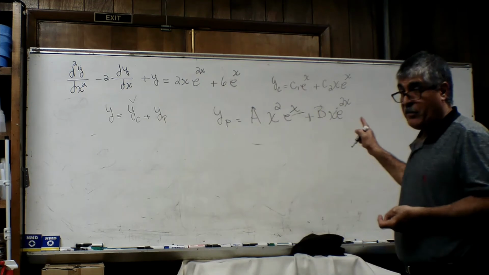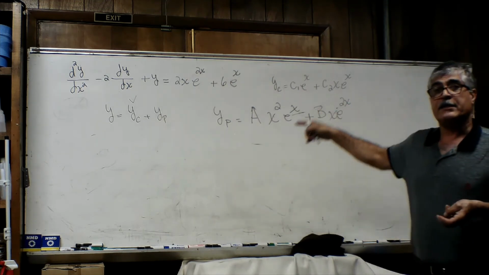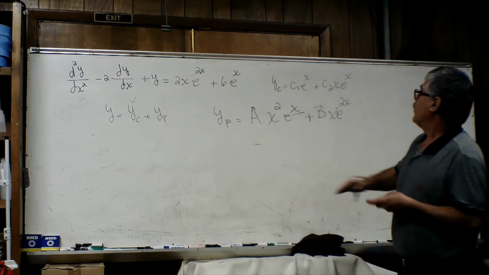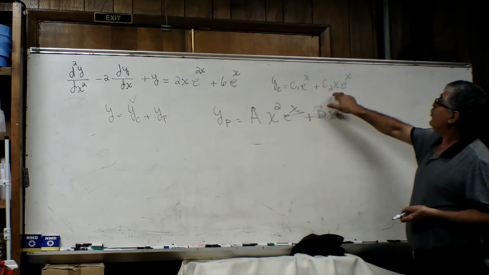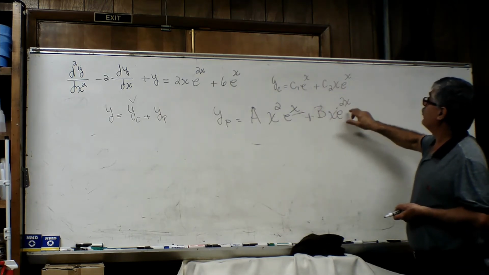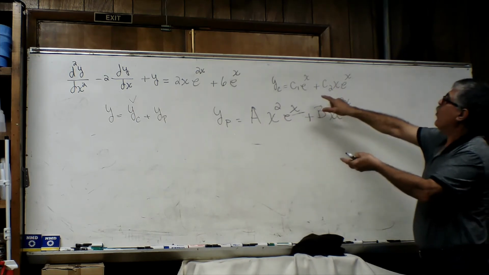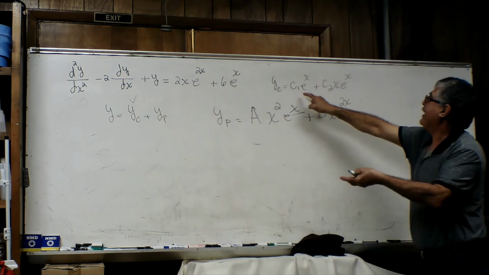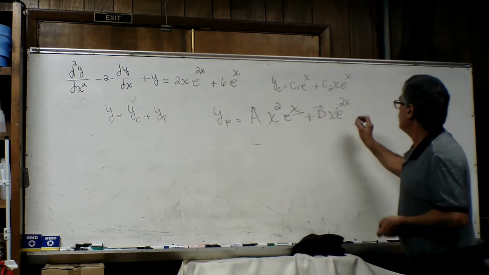But there is one thing missing. We got x e to power 2x. So just like a repeated root, we have x e to power x. Now we have x e to power 2x. So definitely we also must have e to power 2x as a solution.